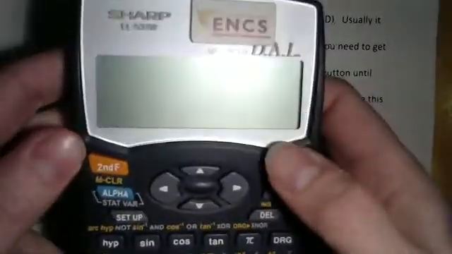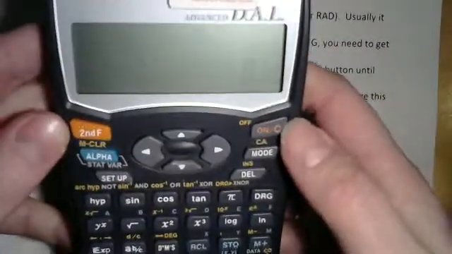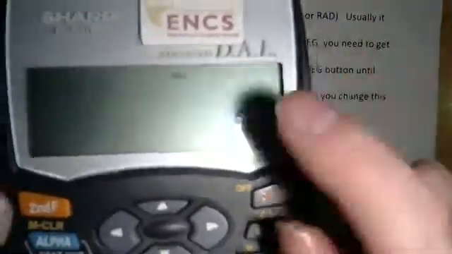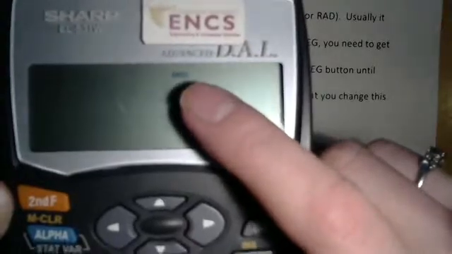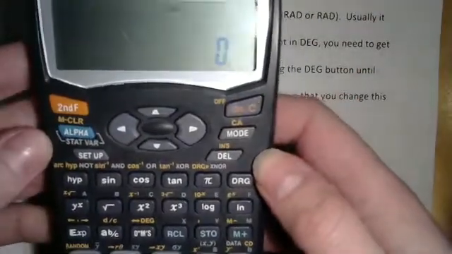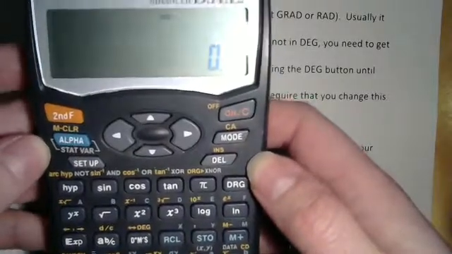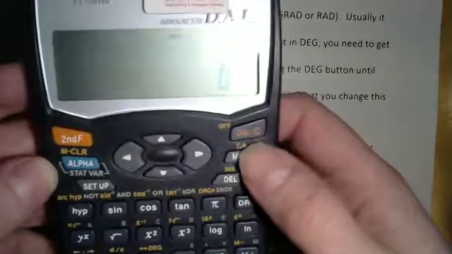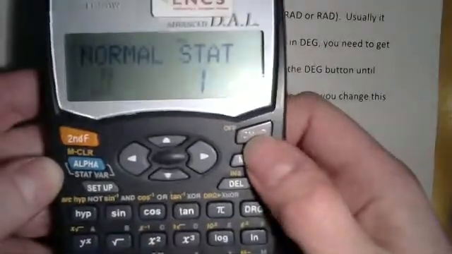For my calculator, that is a little DEG right there. So mine is currently in degrees. If I need to get it in or out of degrees, I can hit mode.